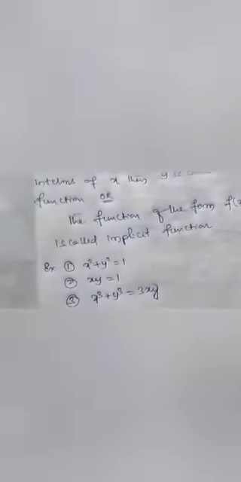Examples: x square plus y square plus z square equal to 1, x square plus y square equal to 1, xy equal to 1, x cube plus y cube equal to 3x square. Using these two functions, we can solve some problems.